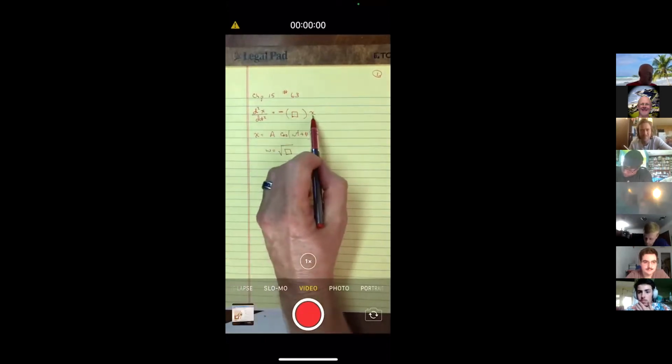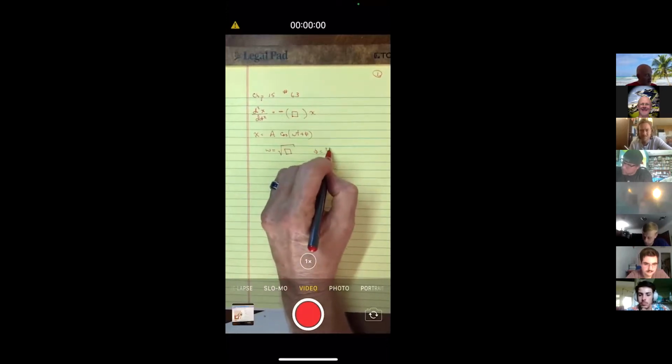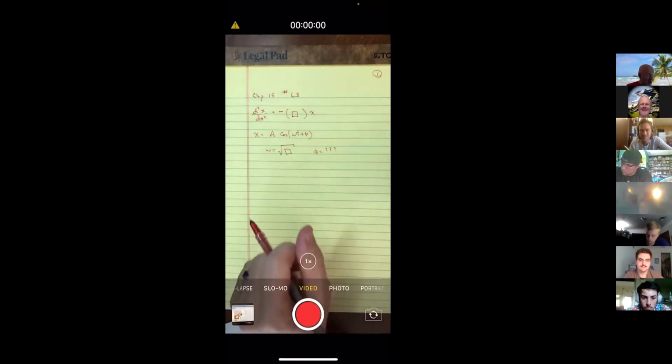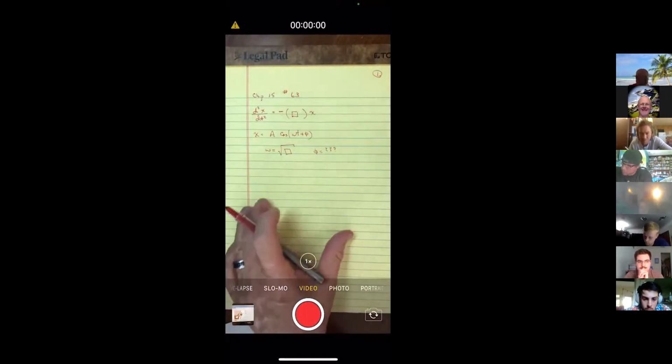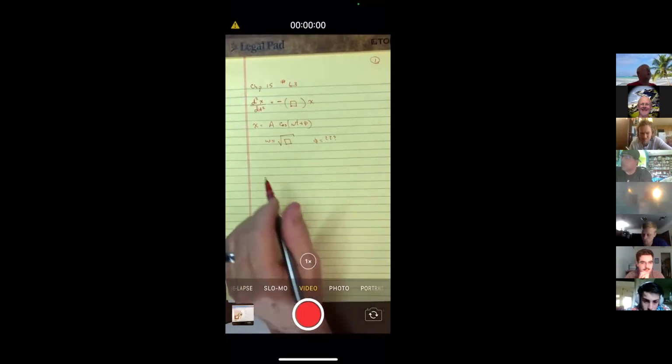So ignore the negative in the function, and that would give you the omega. And of course, the phi is determined by how you initiated it. Did you push it up? Did you push it down? Did you tap it? So we have to look at the physical picture for that.